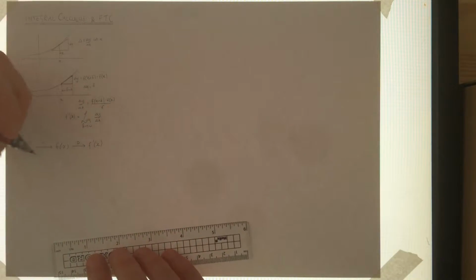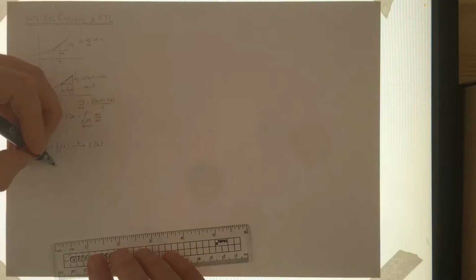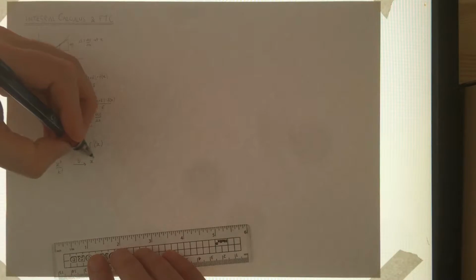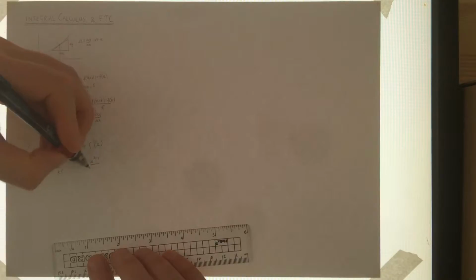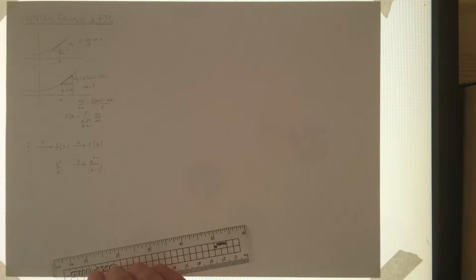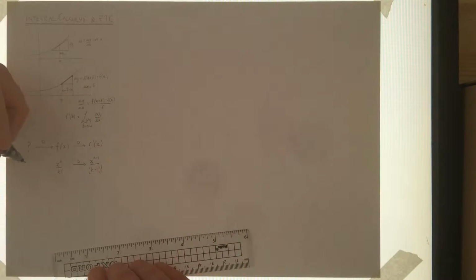Well, we know, for example, that x to the k over k factorial differentiates to x to the k minus 1 over k minus 1 factorial. So obviously x to the k plus 1 over k plus 1 factorial is going to be an antiderivative.